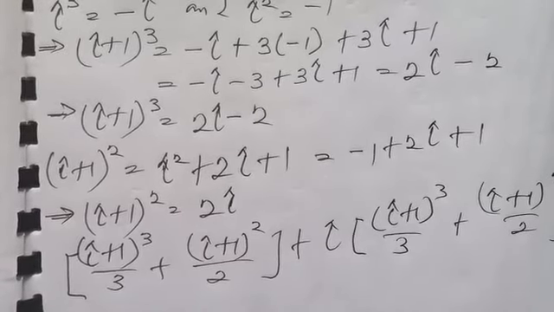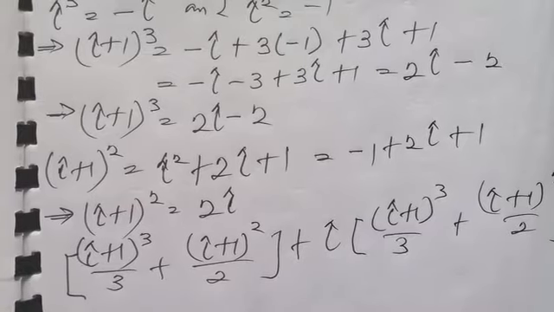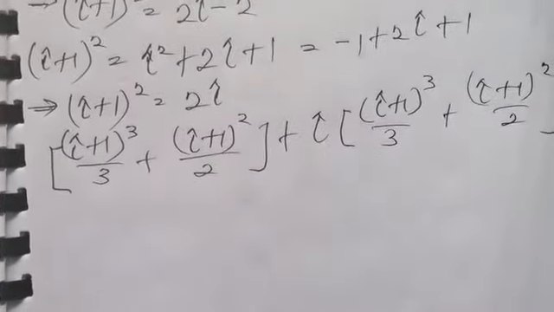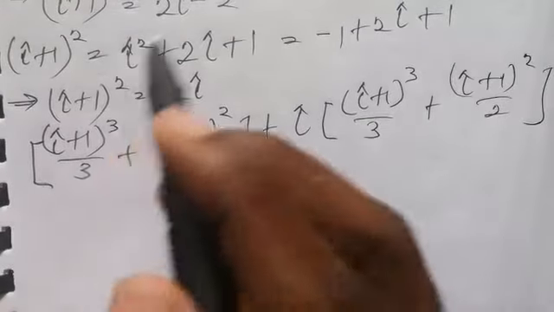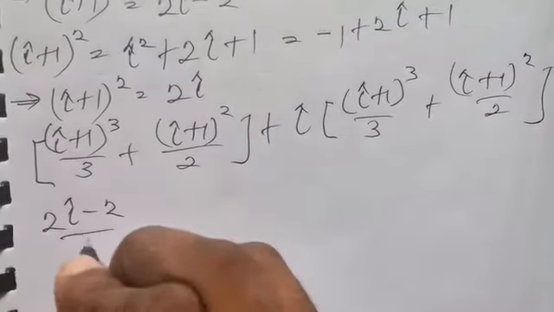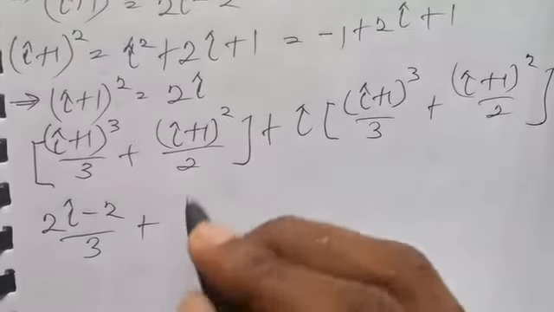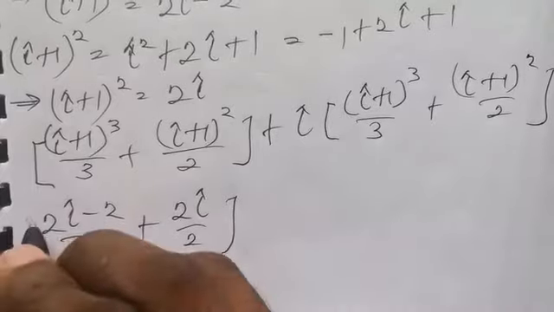So recalling we had this for our integral. Let's put in the values of this expansion into this result of the integral. In place of (i+1)^3, which gave us 2i − 2, we have (2i − 2)/3 plus, in place of (i+1)^2, we had 2i/2.